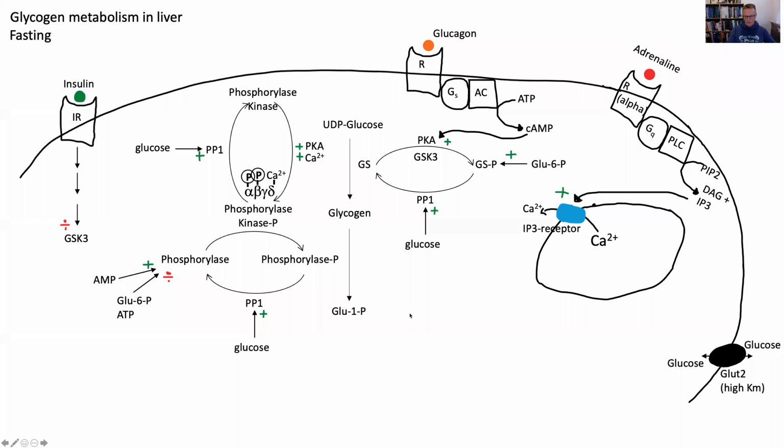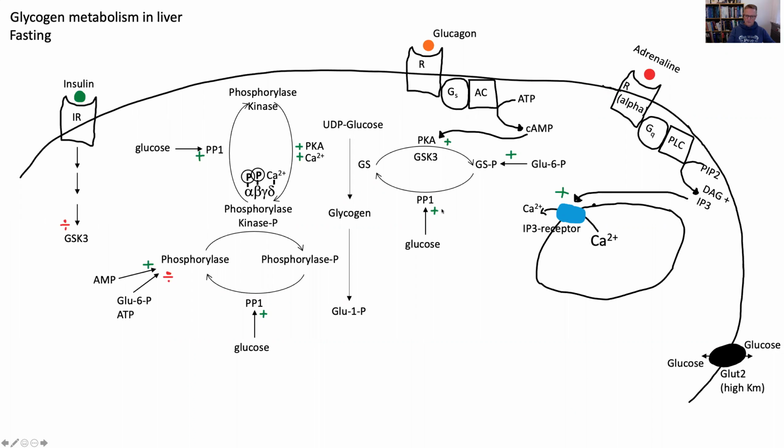All right, so if we for a moment return to the regulation of PP1 by glucose, this mechanism is quite important in order to understand how glycogen metabolism is regulated in the liver. As you probably can recall, the regulation of PP1 is different in muscle.